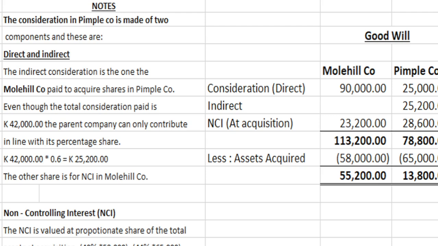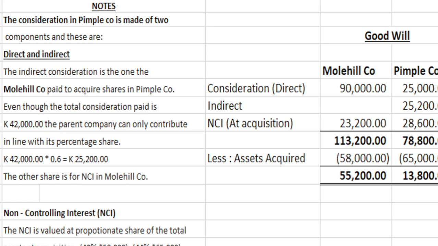From the notes where the question is stated, we are told that the NCI is valued at proportionate share of the total assets at acquisition. And so if you calculate the 40% of the 58,000 total assets acquired, you get only 40% of that 58,000 kwacha, which is 23,200 kwacha.